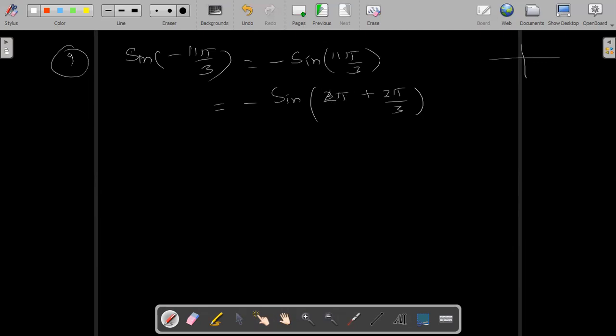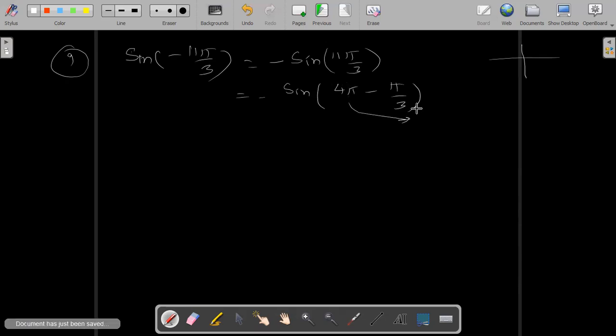If we take 3 4s are 12, 12 minus 1, we can write as 4 pi minus pi by 3, because this should be an even multiple of pi.